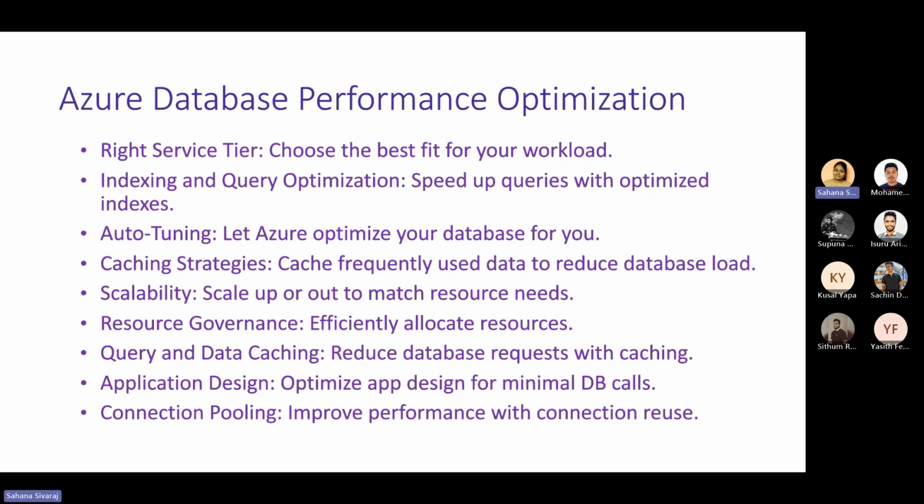In resource governance, the resource governor feature will help to allocate resources in a more efficient way. And query data caching is helpful at the application layer to reduce the frequency of data requests, especially for read heavy workloads.